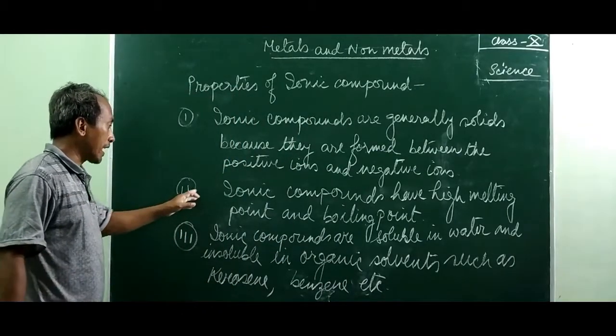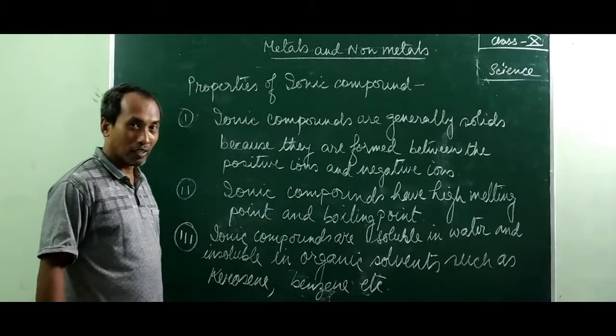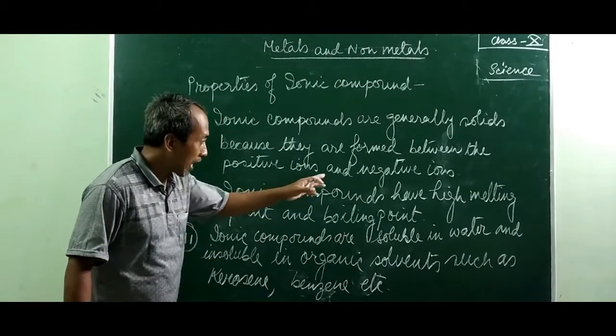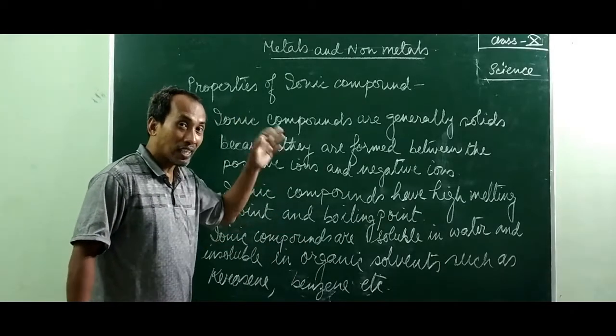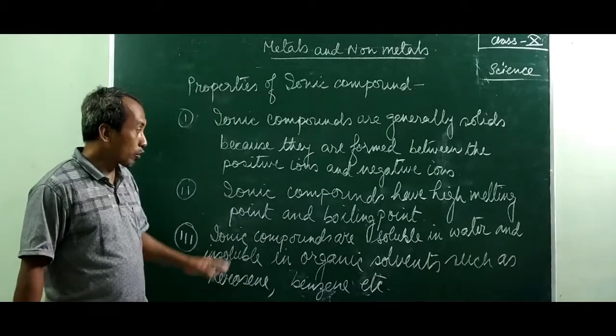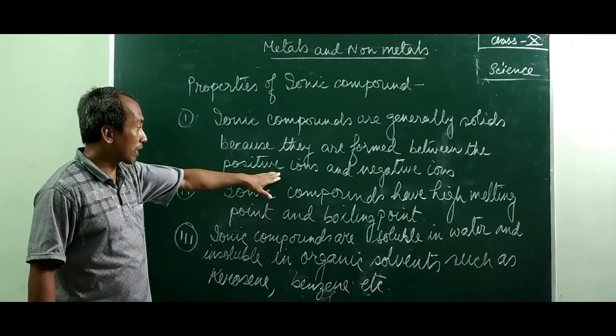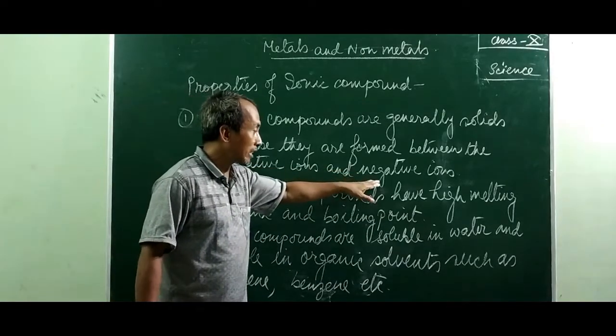The second property is that ionic compounds have high melting point and boiling point. Here also the question comes, why do they have high melting point and boiling point? I told you the first point is that they are formed of positive ions and negative ions.